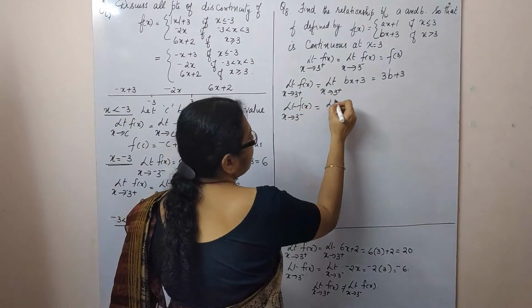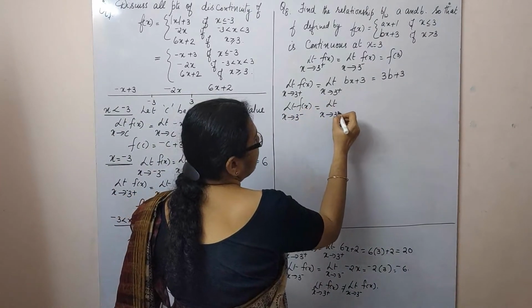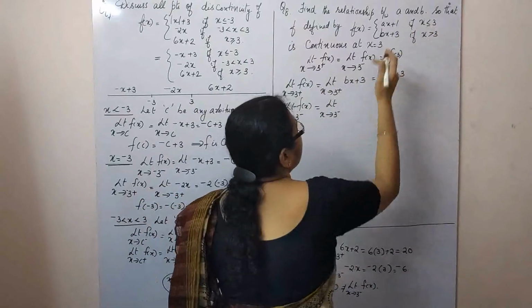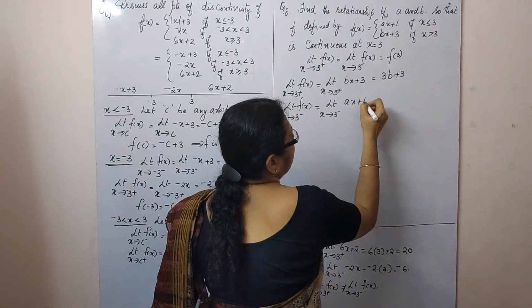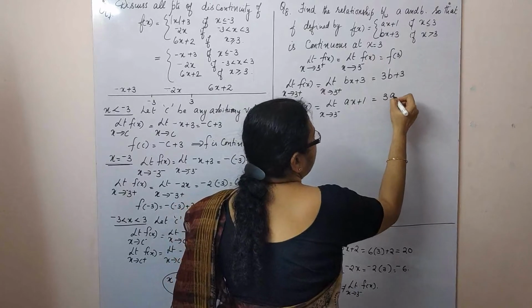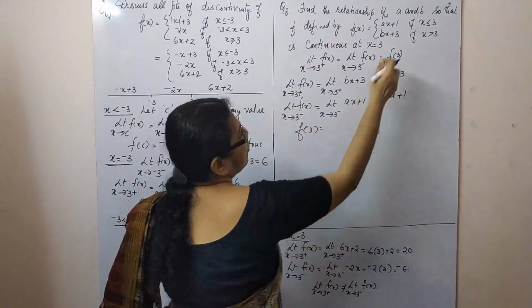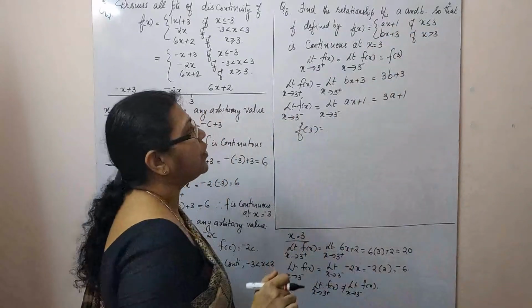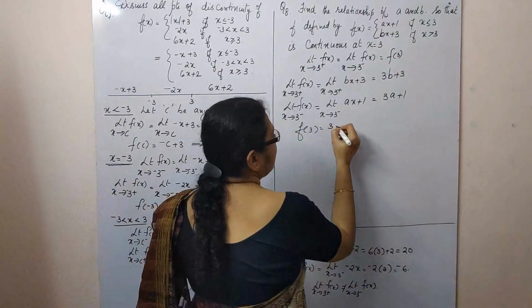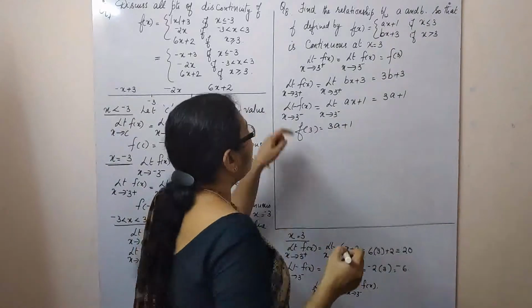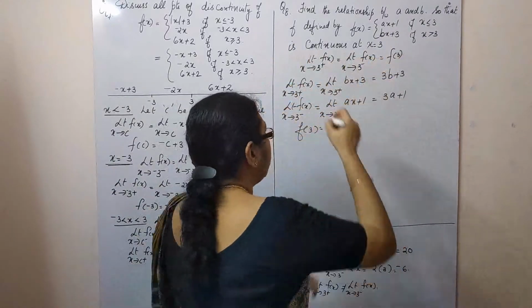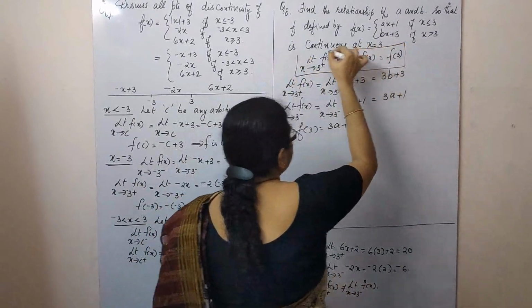What is the value that is going to come here? Limit x tends to 3 minus, lesser than 3, that is ax plus 1. What is the value? 3a plus 1. Now, what is f of 3? f of 3 is what? When I substitute it here, that is 3a plus 1. Now, looking into this statement, I am going to just substitute.